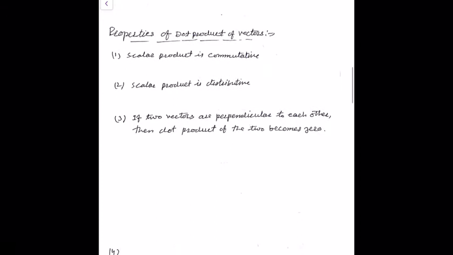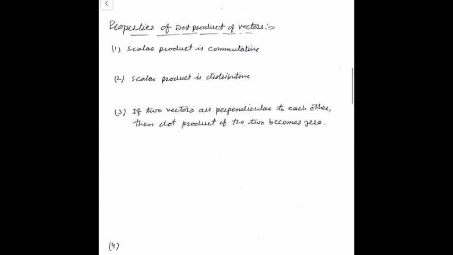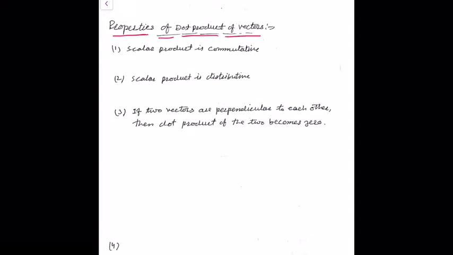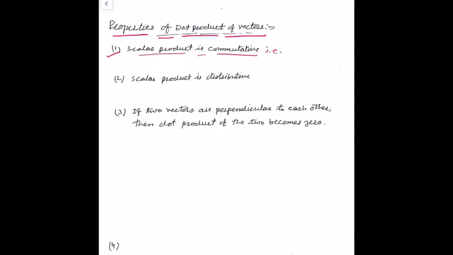Next, properties of dot product of vectors. First, scalar product is commutative, that is A vector dot B vector is equal to B vector dot A vector.